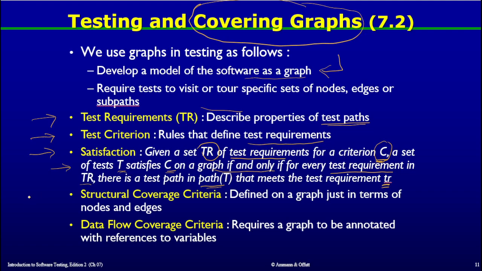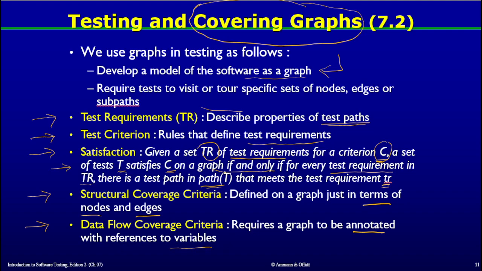So we have the notion of structural coverage criteria, and we have the notion of data flow coverage criteria. The structural coverage is defined just in terms of nodes and edges on the graph, and the data flow coverage criteria has a specific requirement that the graph must first be annotated with references to variables.